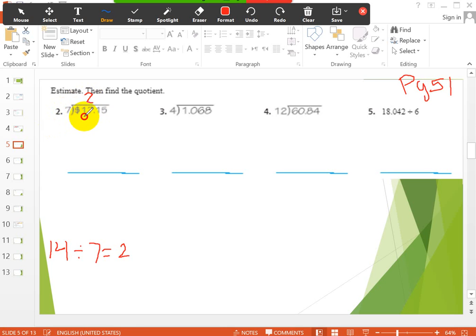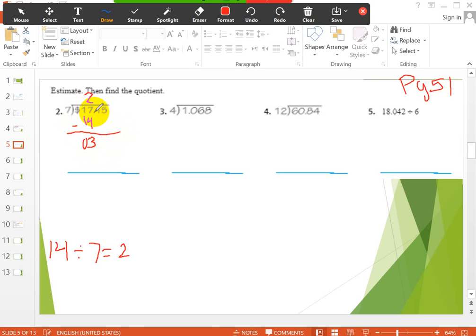So I will write 14 after the 17. Then the step is subtraction. So I will subtract between 17 and 14. 7 minus 4 equals 3. Right? 1 minus 1 equals 0. Okay.